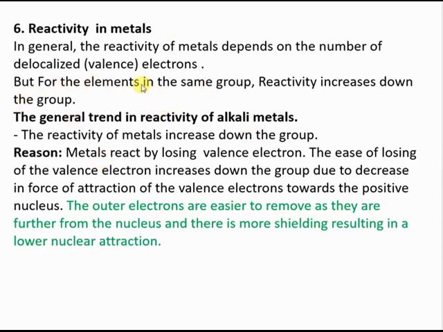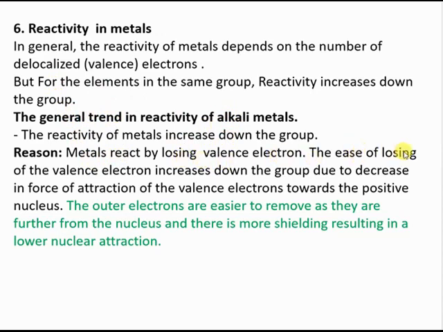But for the elements in the same group, reactivity increases down the group, if we are talking about group 1 elements, that is the alkali metals. If we are talking about the alkaline earth metals, group 2, the reactivity decreases down the group. Why? Metals react by losing valence electrons.